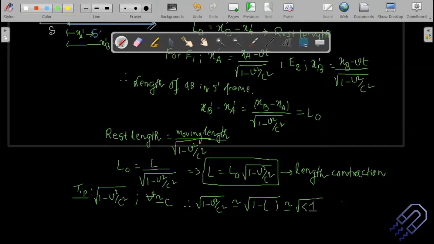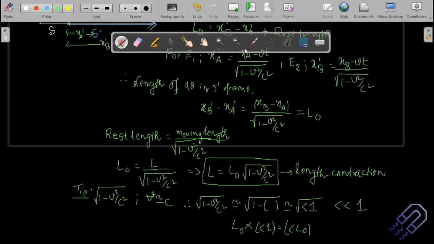So finally whatever result you get is going to be less than 1. If you multiply a length, let's say 10 centimeter, with a value which is less than 1, this entire answer will always be less than L naught.